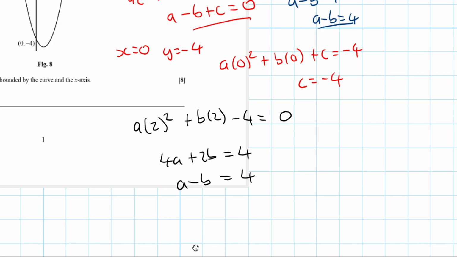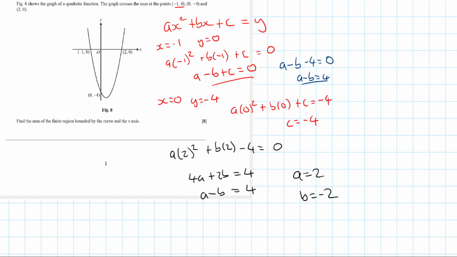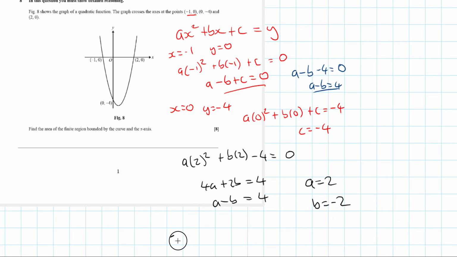We're going to take x as a and y as b, so 4a plus 2b is equal to 4, and then 1 and -1 is equal to 4, and that gives a value on the calculator where x is equal to 2, so a is equal to 2 and b is equal to -2. Therefore we can substitute that into our main equation and get 2x squared minus 2x minus 4 is equal to y.